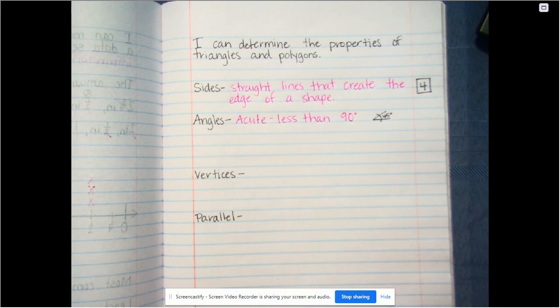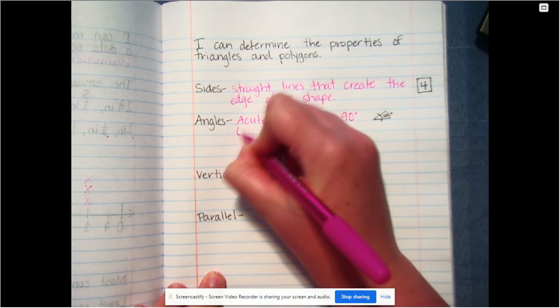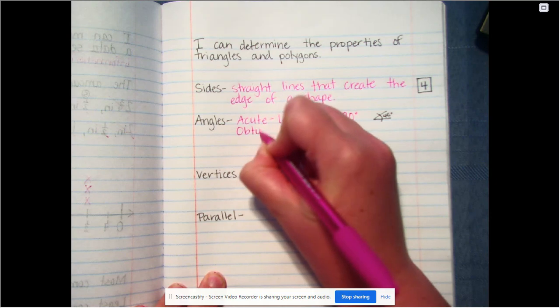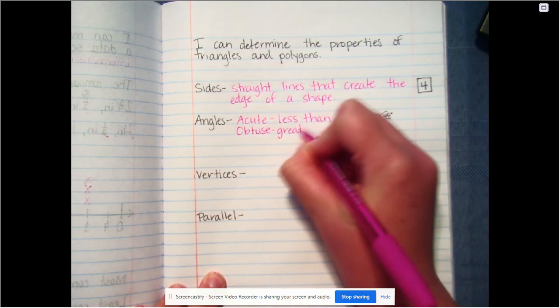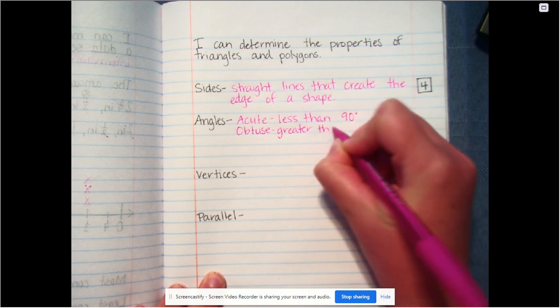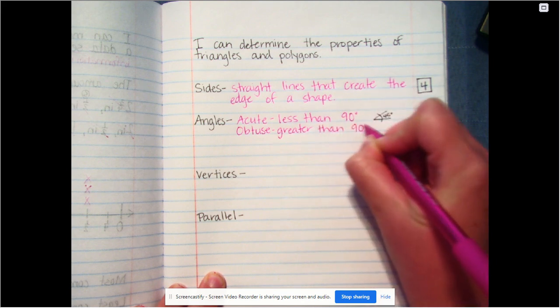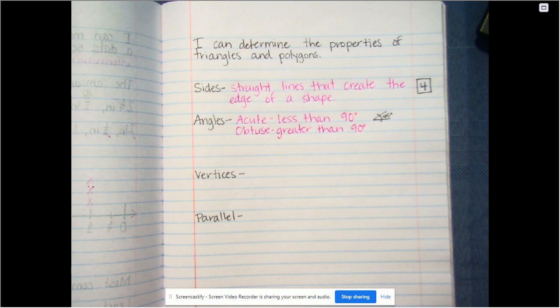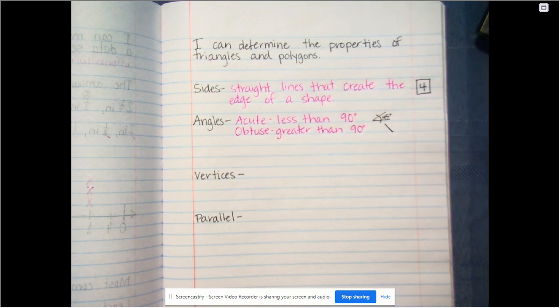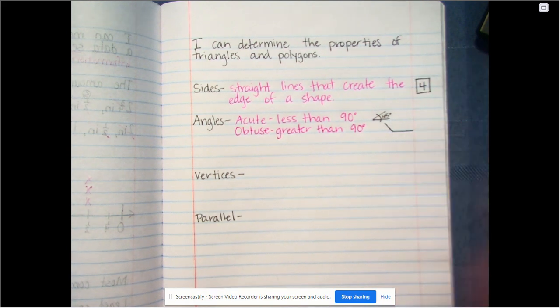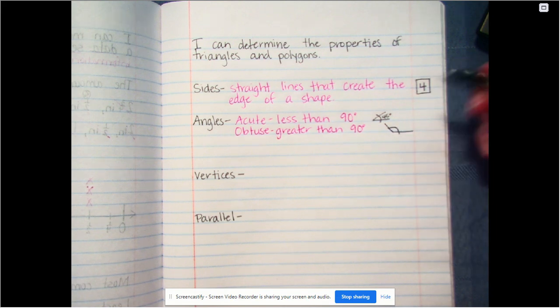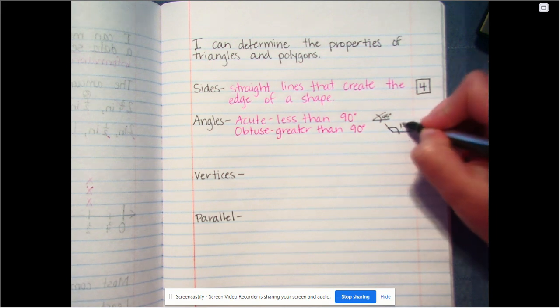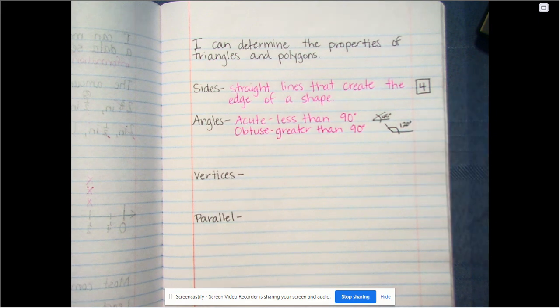The second type of angle we could have is obtuse, which means it is greater than 90 degrees. So for that example, we might have 2 sides that come together like this. Maybe that one's 120 degrees.